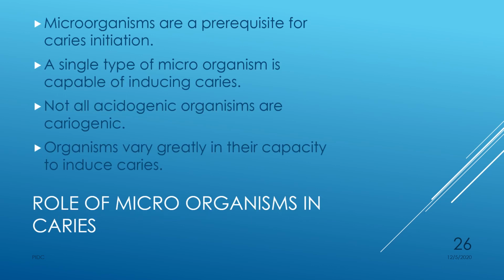Role of microorganisms in caries. Microorganisms are a prerequisite for caries initiation. A single type of microorganism is capable of inducing caries. Not all acidogenic organisms are cariogenic, and organisms vary greatly in their capacity to induce caries.